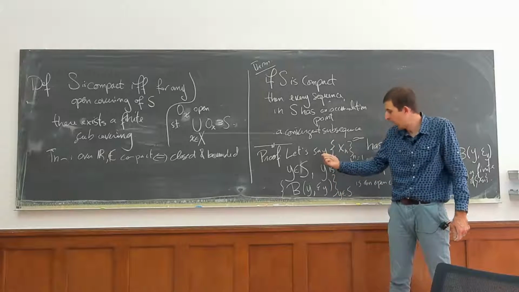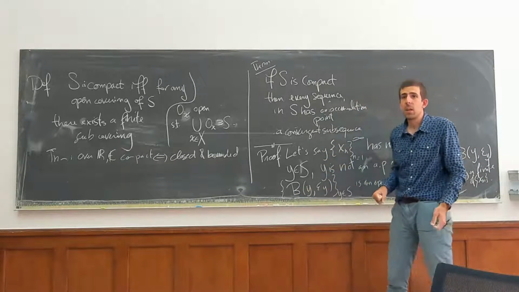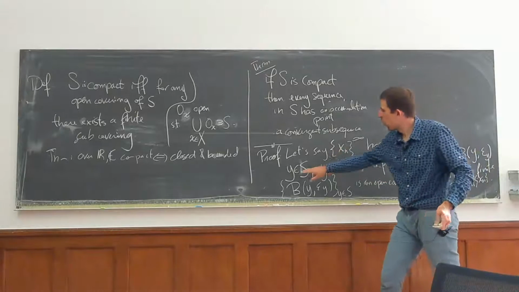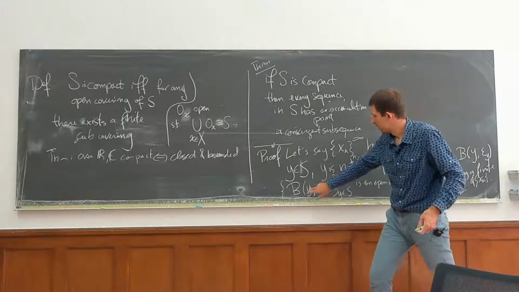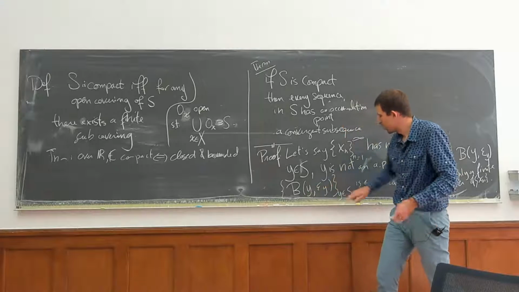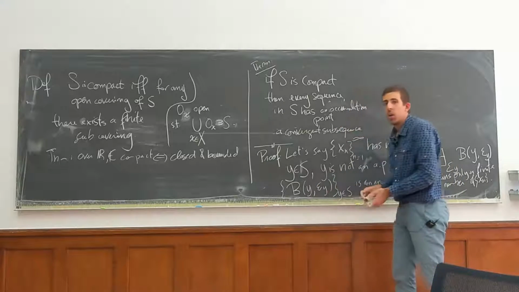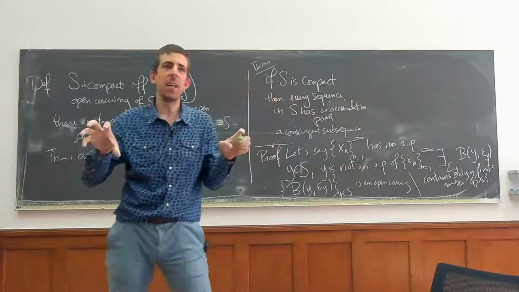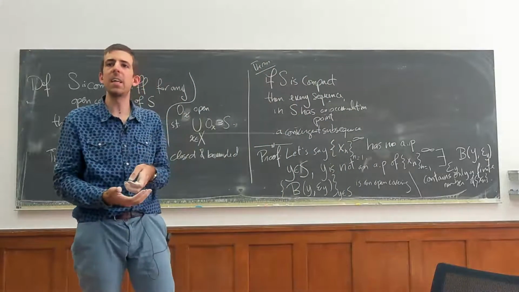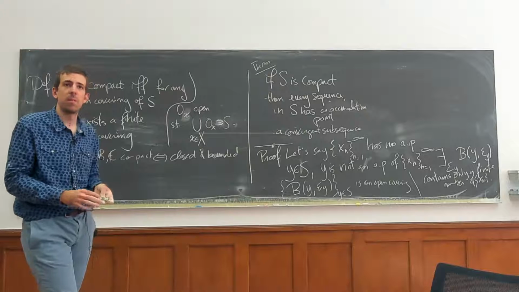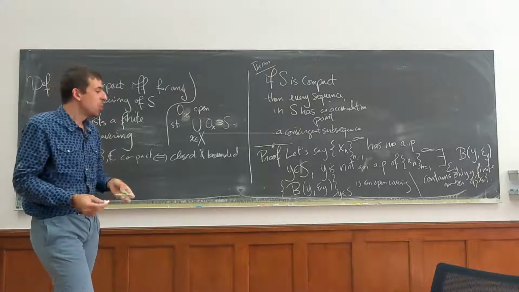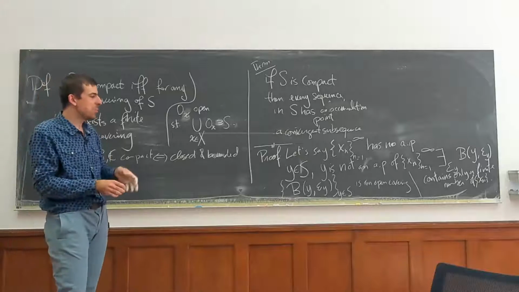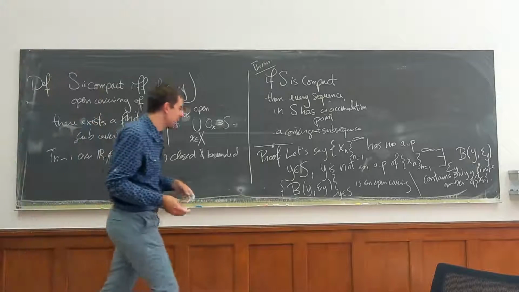So I covered the set S with a bunch of open sets, all of which only have a finite number of sequence points. But now, because S is compact, I know that there must be a finite subcovering.